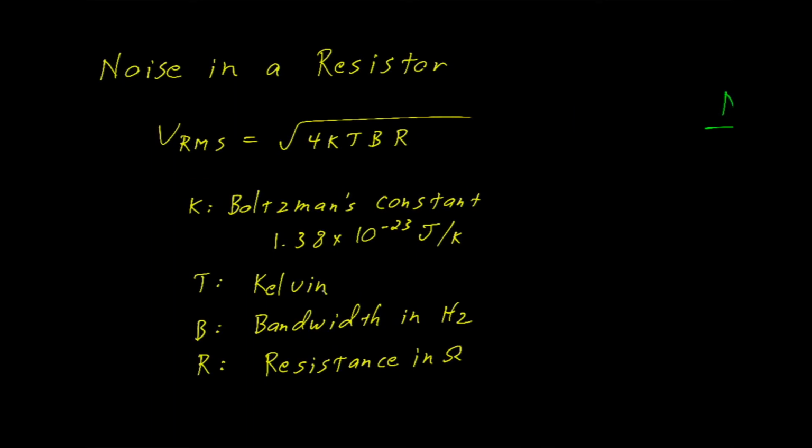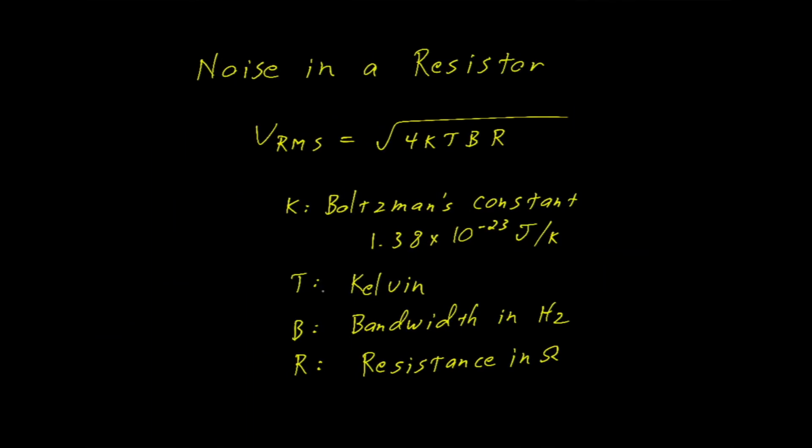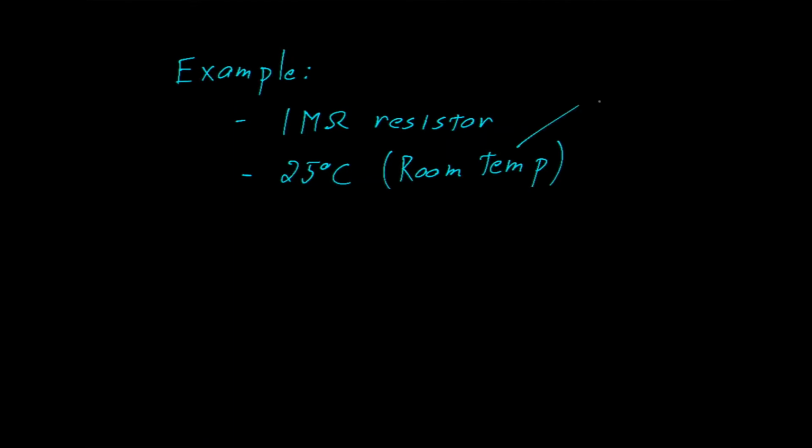Let's go ahead and work an example using this equation. Start with a 1 mega ohm resistor. We'll assume room temperature as 25 degrees Celsius. That's 77 degrees Fahrenheit.